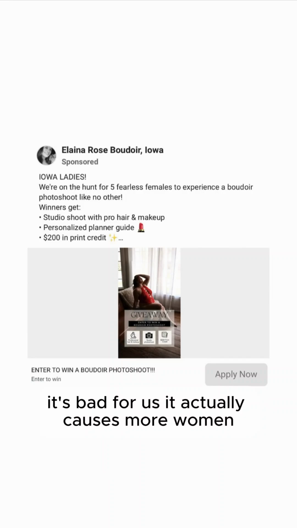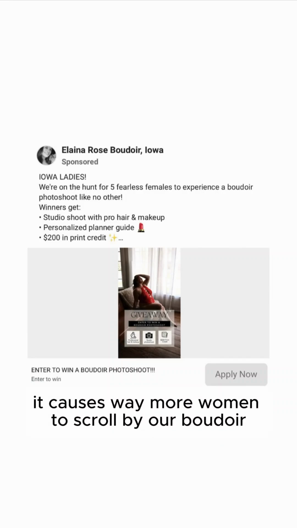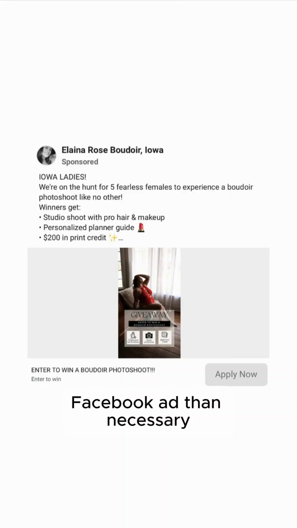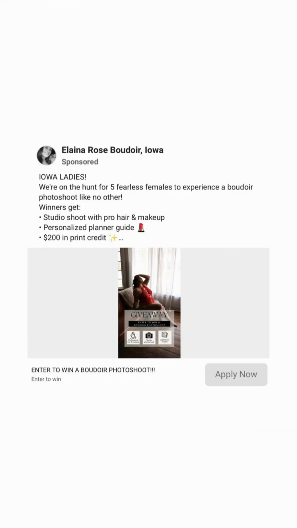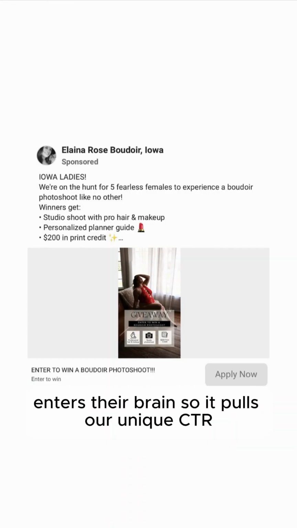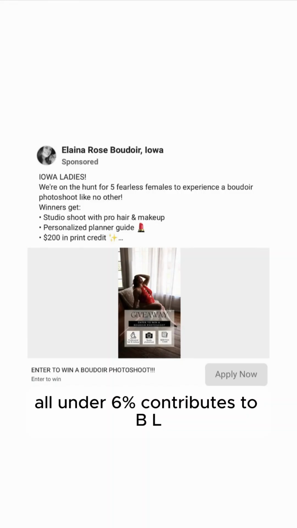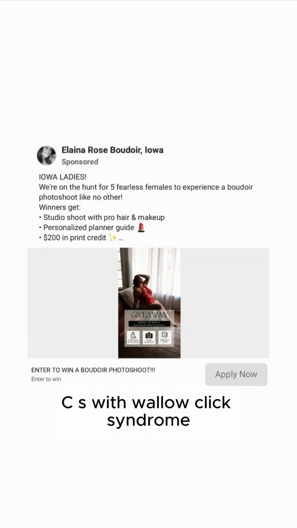The consequence is it causes way more women to scroll by our Boudoir Facebook ad than necessary. We literally waste serving up those impressions because the women are just going to scroll on by, our ad never enters their brain. So it pulls our unique CTR under 6%, contributes to BLCS, Boudoir low click syndrome.